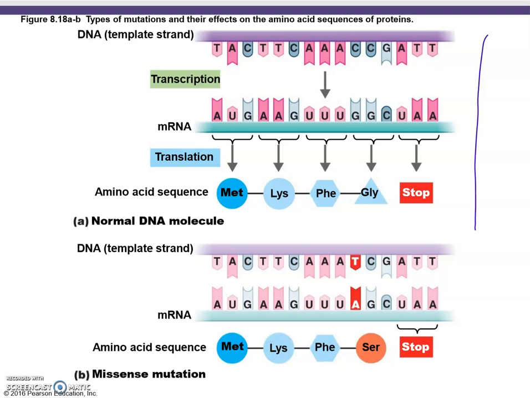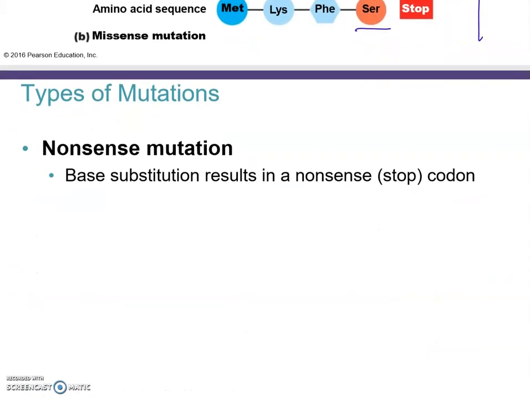Now we have a missense mutation down here, and that means that the TA here is the mutation, and now the mRNA codons translate into methionine, lysine, phenylalanine, and then serine instead of glycine. So the glycine is replaced with serine, and then we have a stop. So we have one base substitution.